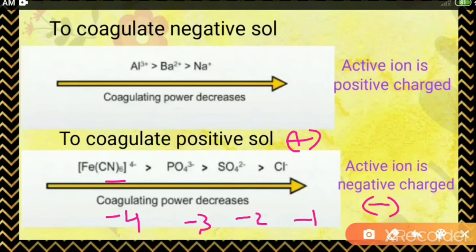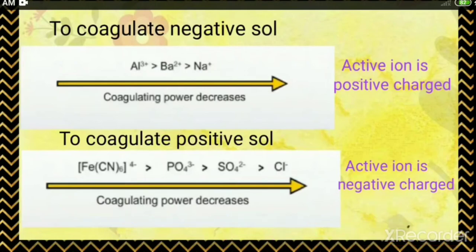So which one has the highest charge? That is -4; the negative sign is not considered here, 4 is the highest. So this ion has the greatest power and coagulates the positive sol very easily. So this is greatest, then this and this. That is what the Hardy-Schulze rule says.